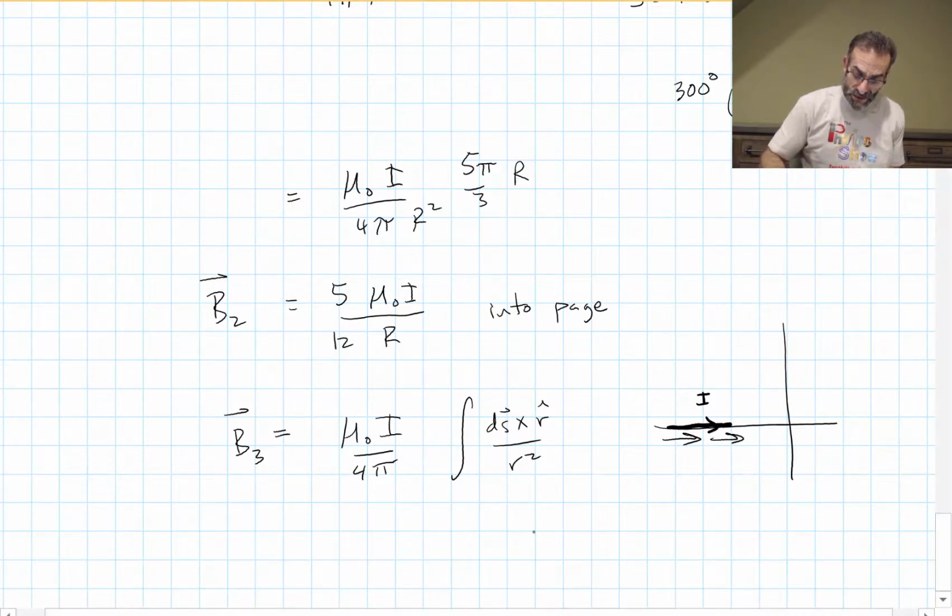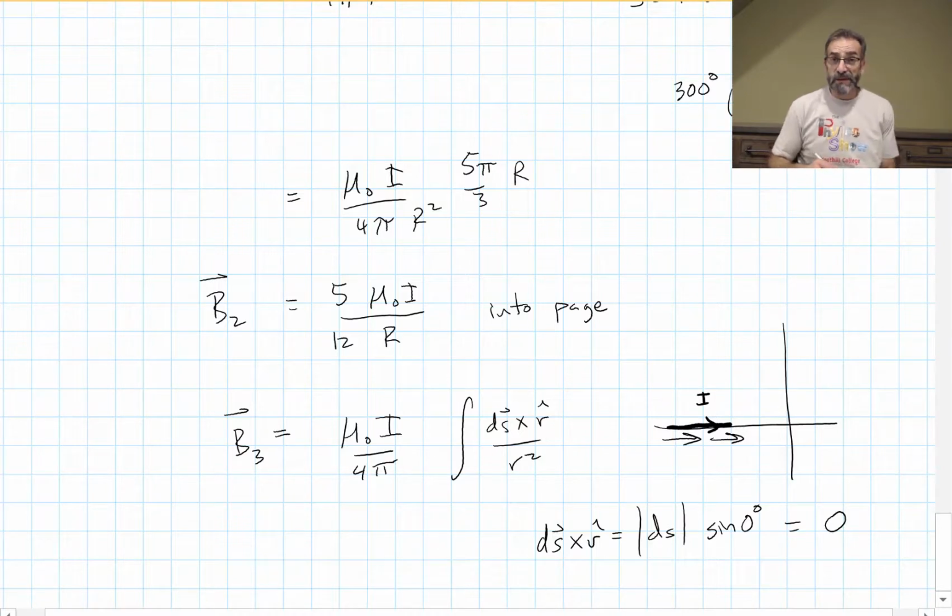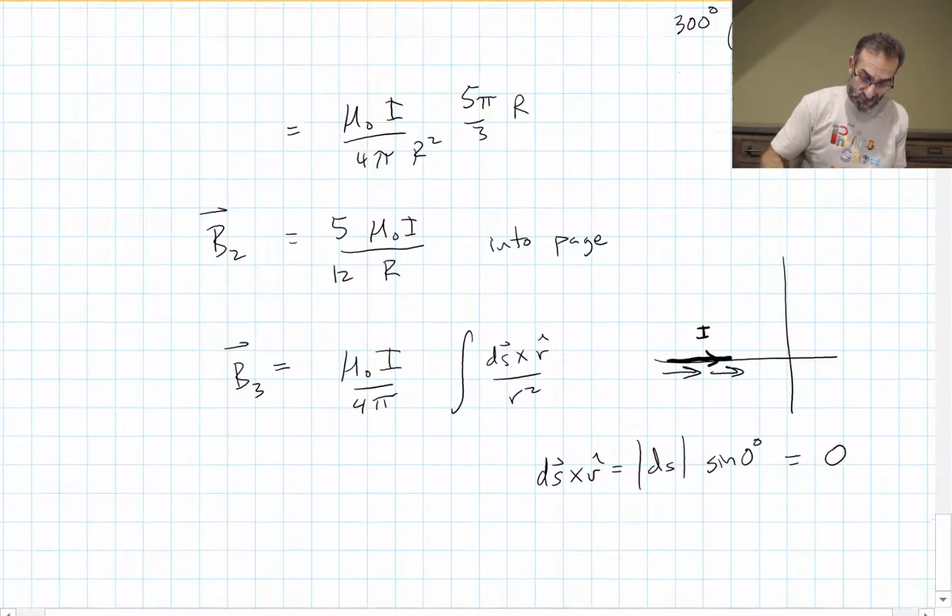So we end up with the sine of 0 degrees in there. Remember, there has to be some perpendicular distance away from the line of current to feel a magnetic field. So this is 0.